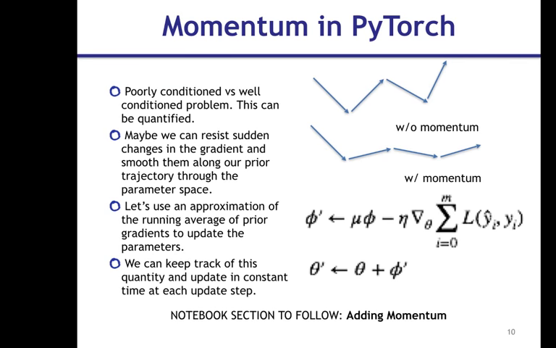Even though they are IID, you're going to get noise. It's not a perfect representation of the training set entirely. So we want to basically resist sudden changes as we descend through the error space. The idea is that we keep a running average of the gradient, and we use that to update instead of our current gradient term.